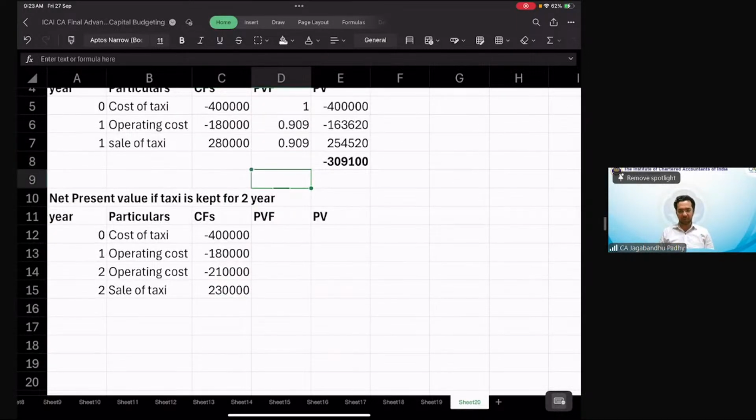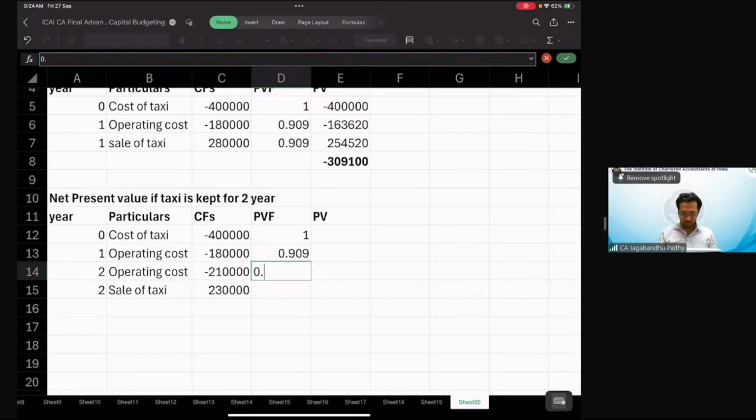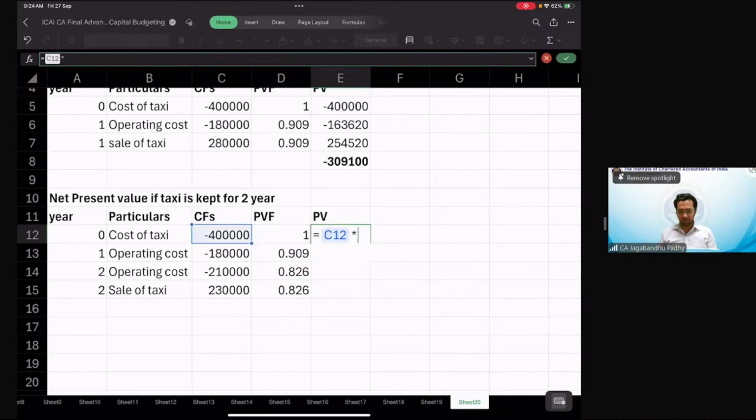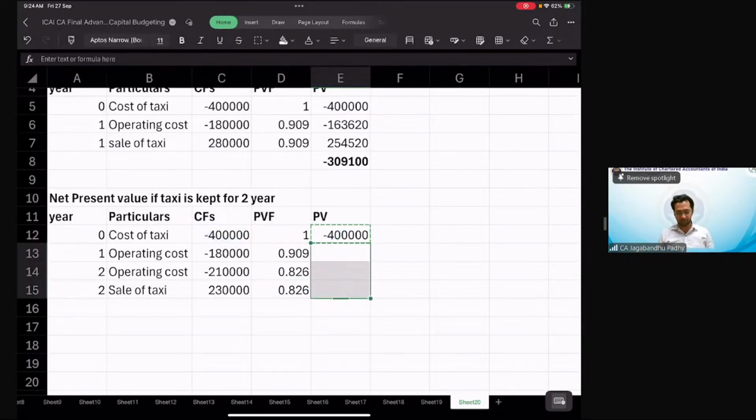And of course, the PV factors will be 1, 0.909. What's the PV factor for second year? 10% PV factor will be 0.826. And then PV will be cash flows multiplied by PV factor.